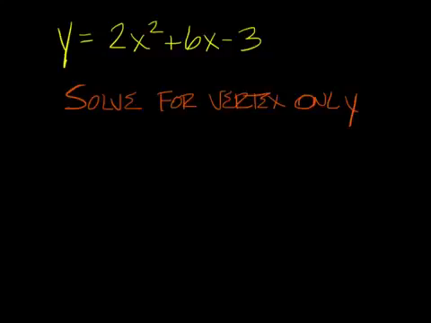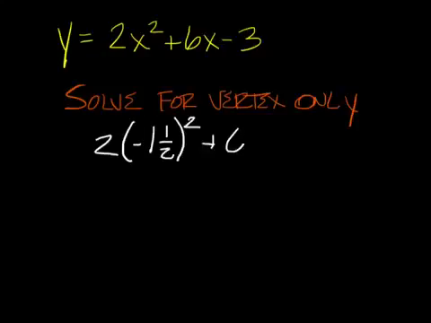So now you have to use that to find the vertex. Alright, for the vertex, you have to put in negative 1.5. So it's 2 times negative 1.5 squared plus 6 times negative 1.5, and then minus 3.